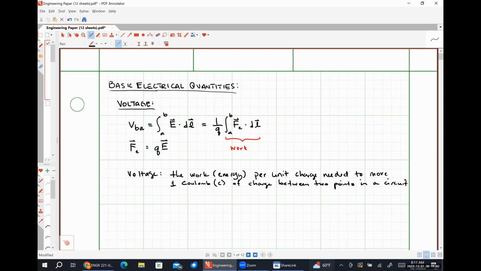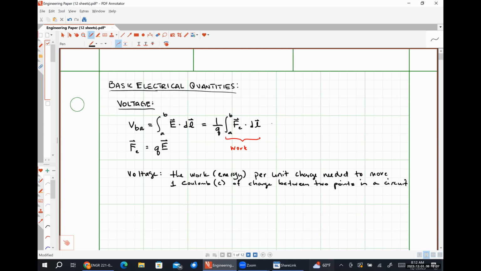So one of the great things about line integrals when we're dealing with a conservative quantity is that they're path independent. So all that means is that I really only have to care about what's happening at the end points of my integral. It doesn't matter how I get from point A to point B or what path I take, I'm going to get the same mathematical result.